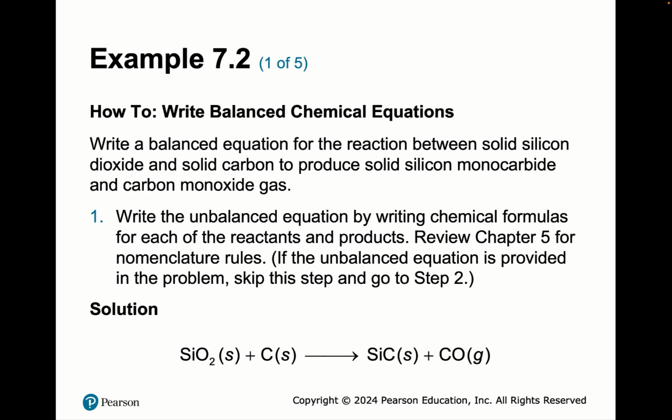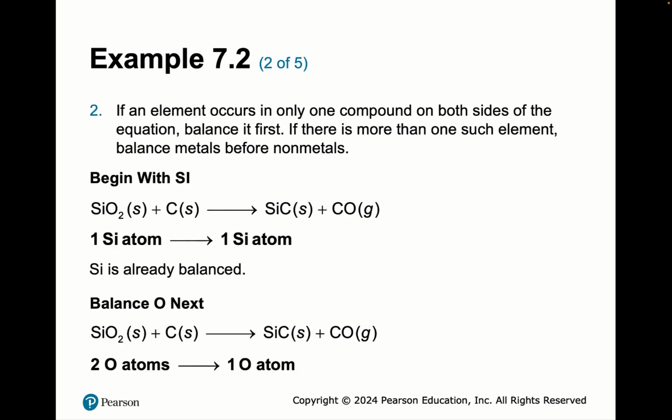So how do we write chemical reactions or balance chemical reactions? For chemical reactions, it's important to have the same number of atoms on each side of the equation. So when you do this, you pick an atom and try to balance it on both sides of the equation. For this one, you can pick the silicon. Silicon's already balanced, and balance oxygen next.